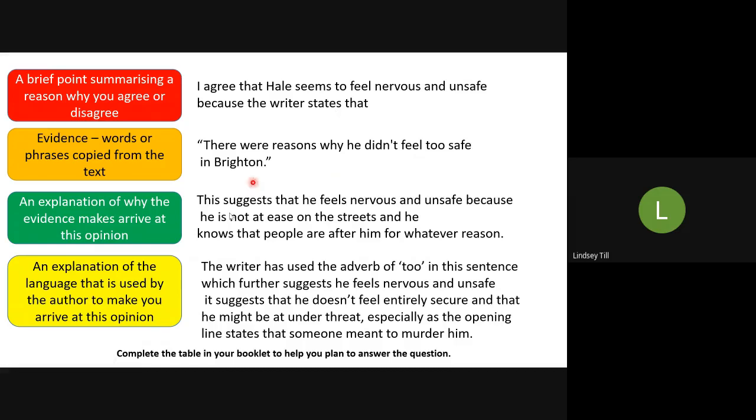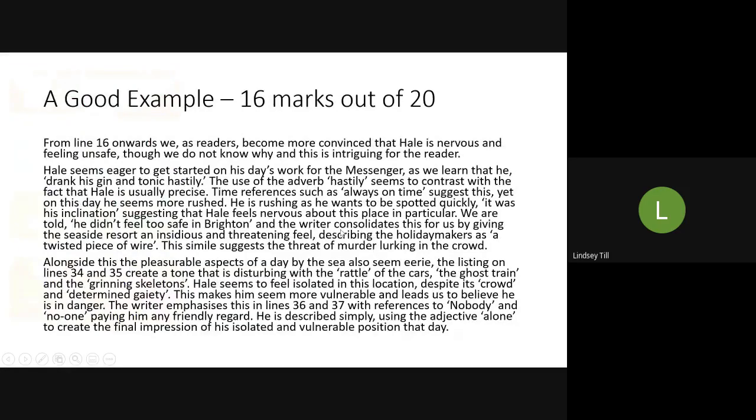And for our grades 4 and onwards, notice how big this explanation is here. Okay, so we still want a nice big explanation. This is a good example that is in your student booklet, and I think that it's fairly short. I would like to see you writing more than that. But I suppose if we imagine it written in longhand, in handwriting, it would be quite long.